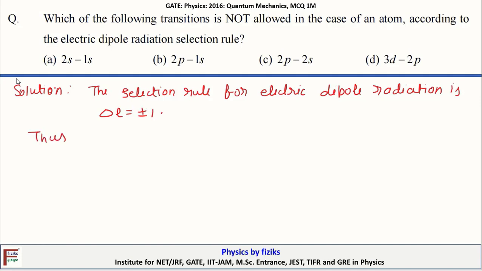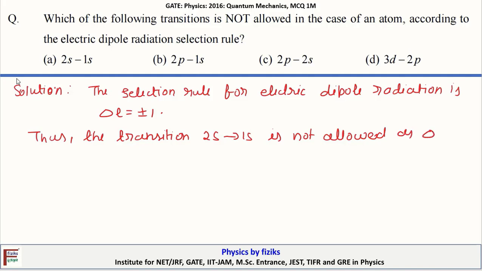Thus, the transition S to 1s is not allowed as delta L is equal to 0. Thus, option A is our correct answer.